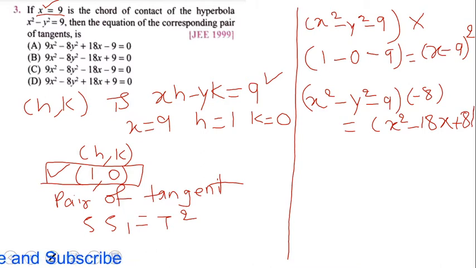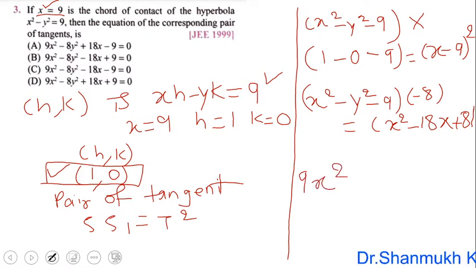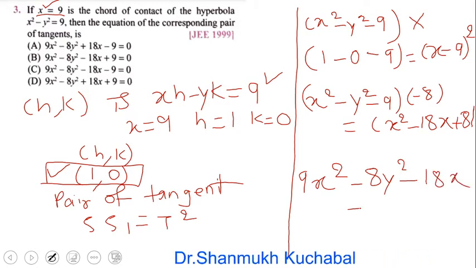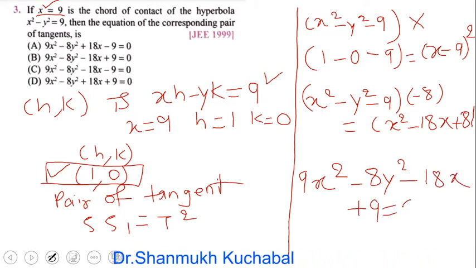If you simplify LHS and RHS, we get the equation 9x square minus 8y square minus 18x plus 9 is equal to 0.